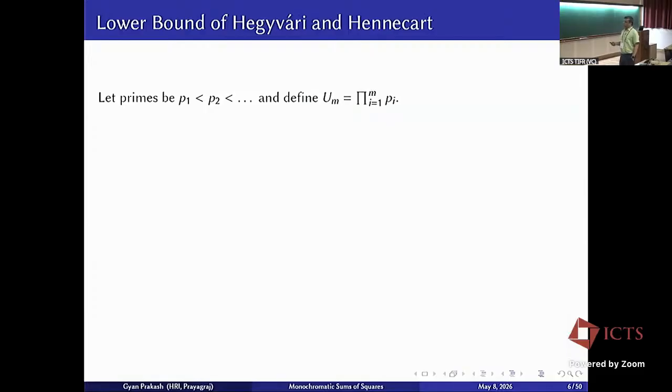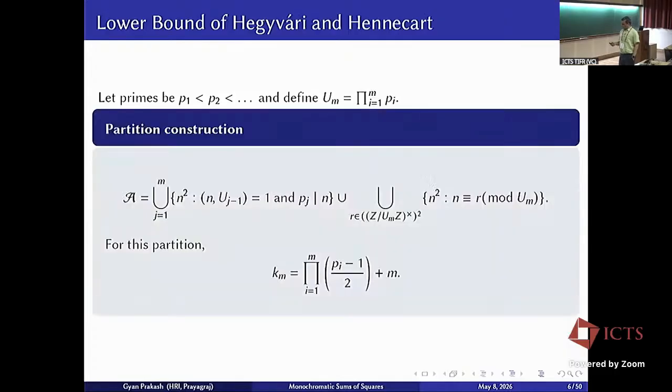We take U to be the product of the first m many primes. Now the squares, either they are co-prime to U or they are not co-prime to U. If they are not co-prime to U, I define the color according to the least prime of U which divides them.